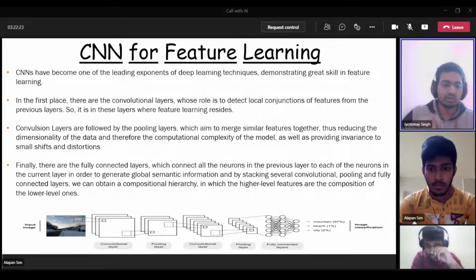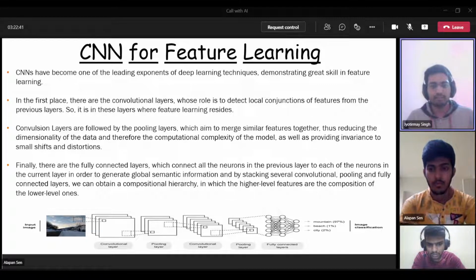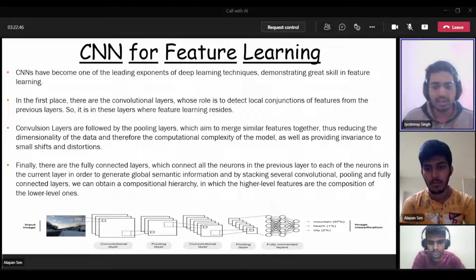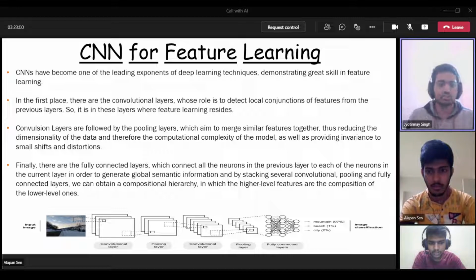First, the convolutional layer picks a small part of that image, then it goes into the pooling layer, then again a convolutional layer, then again a pooling layer, and finally the fully connected layer, which will connect the similar things. And finally we get to know that 97% mountains is in this image, 1% beach, and city is about 2%. So next slide please.